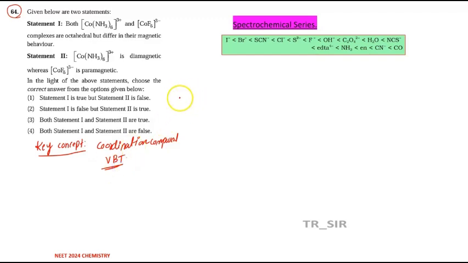So to decide, always keep a few points in mind. Strong field ligand and weak field ligand.